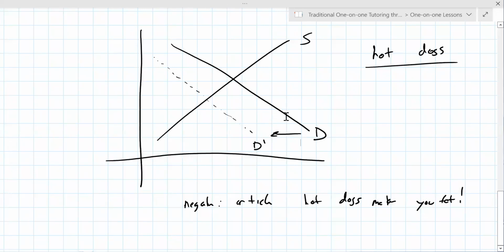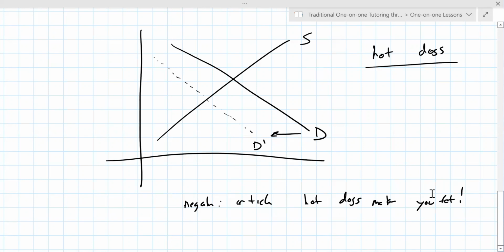It has nothing to do with price. It's because society doesn't want hot dogs anymore, because they're bad for you. Or if it said they make you sick or they're linked to cancer or something really negative.